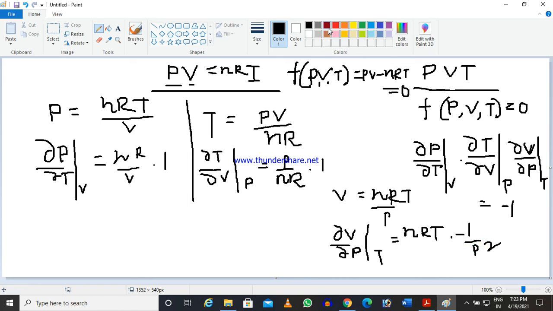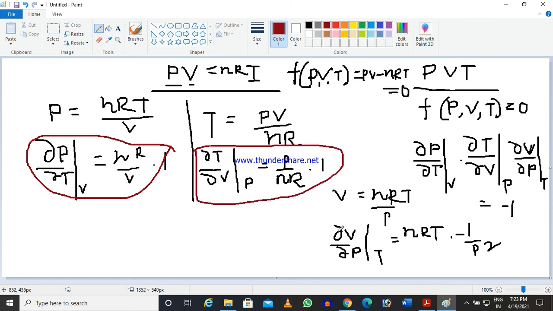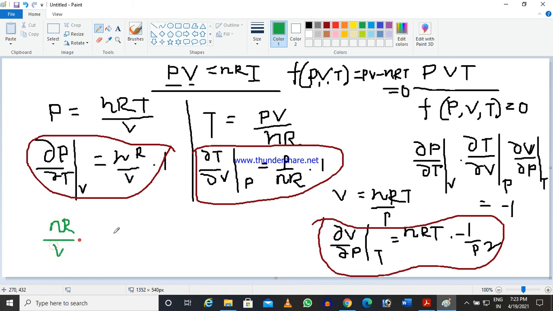Okay, so I got this value, and I got this value, and I got this value. Now if we multiply these three, so that is nR by V, and this is P by nR, and that is nRT into 1 by P square.